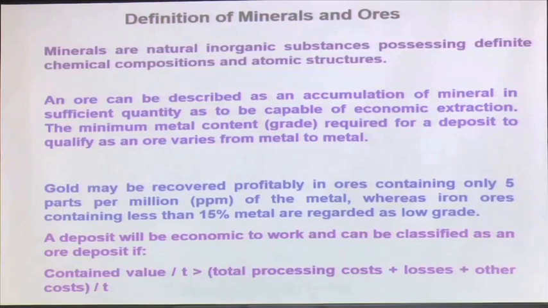So, how much am I losing? What are the losses? And other costs, like what you are going to do with the waste materials. 2.5 grams you have extracted, what you are going to do with the remaining material, that will cost you. So, if you can convert that into a value addition, then my contained value per ton goes up, or otherwise it will add up to the right side of this.